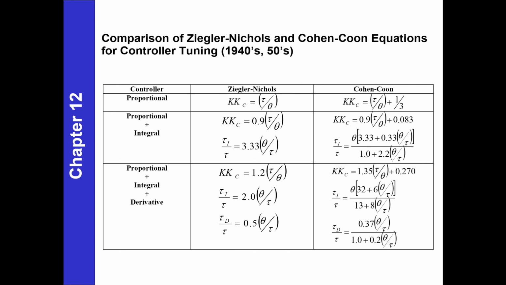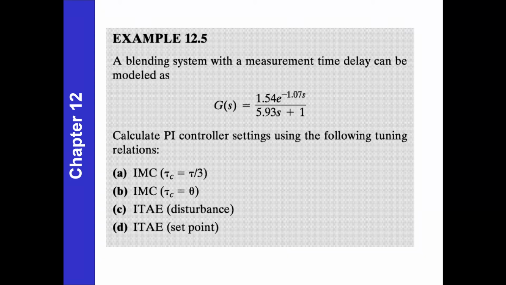If the question comes out in an exam or assignment, it should be a very direct question, something like this, with a model given. With a given model, we just have to calculate the PI or PID controller settings using this method.